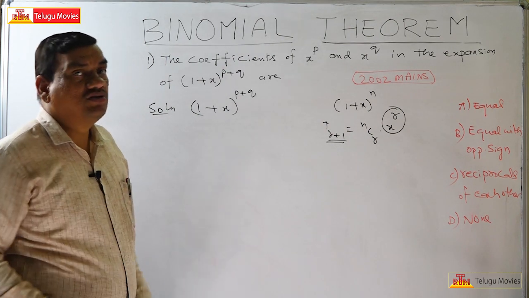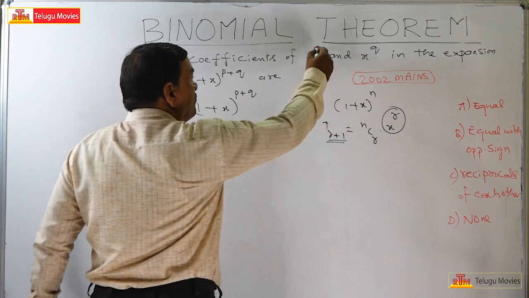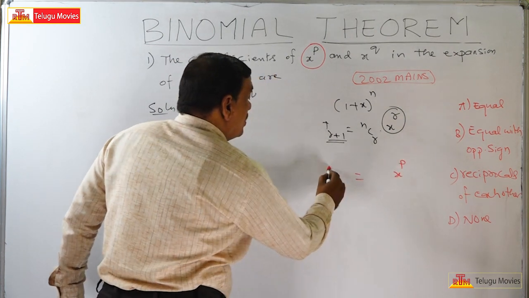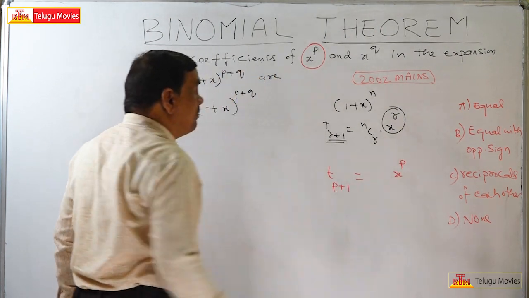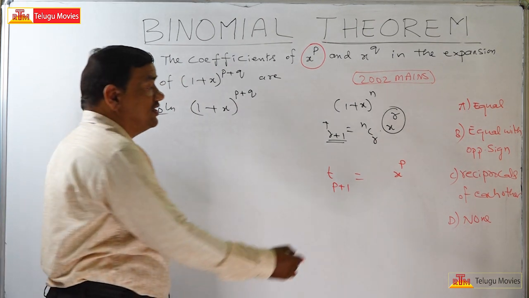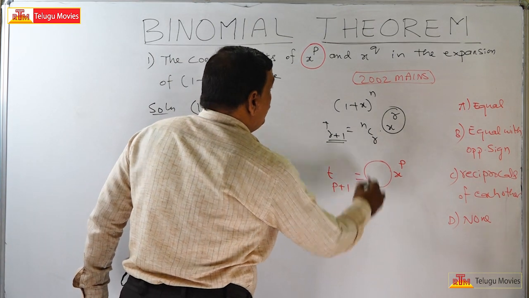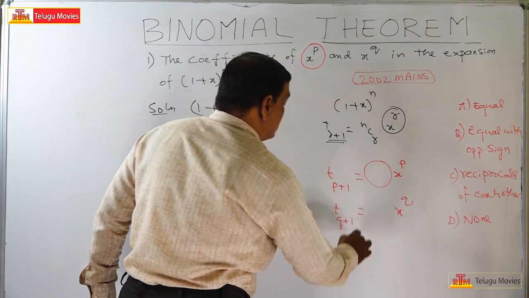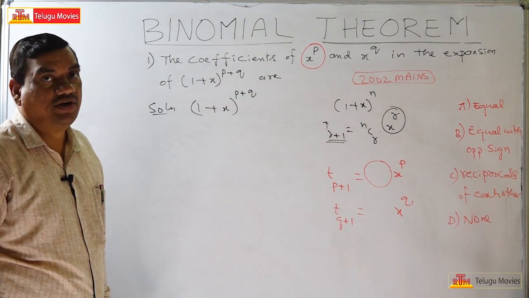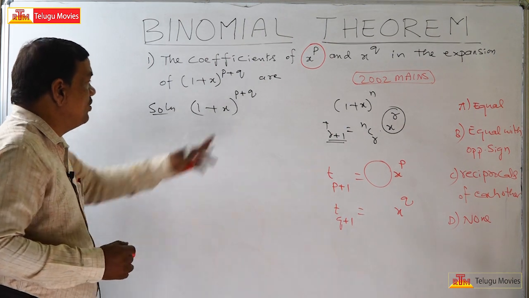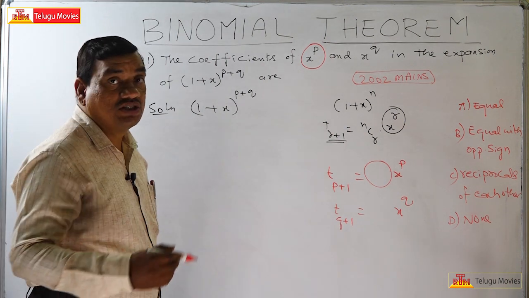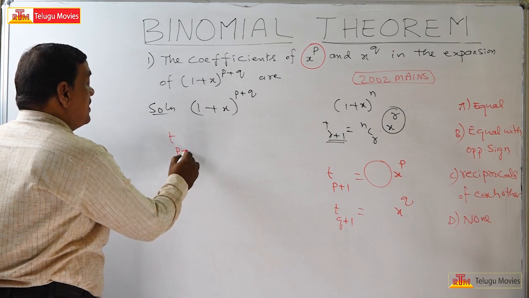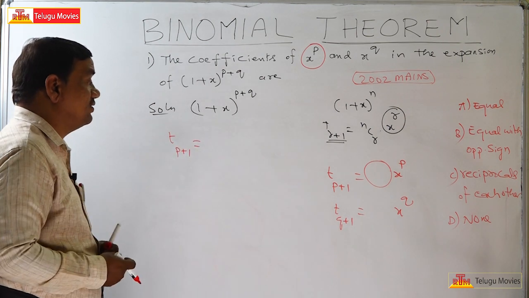If you want to find x power p, you have to find the tp plus 1th term, and for x power q, you have to find the tq plus 1th term. Now let us find the tp plus 1th term, just like the r plus 1th term.